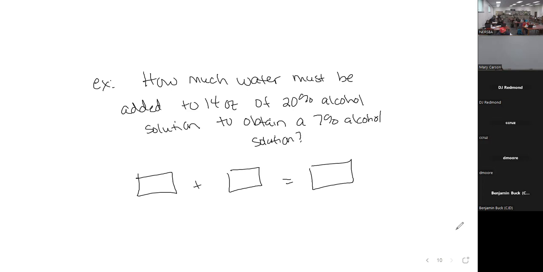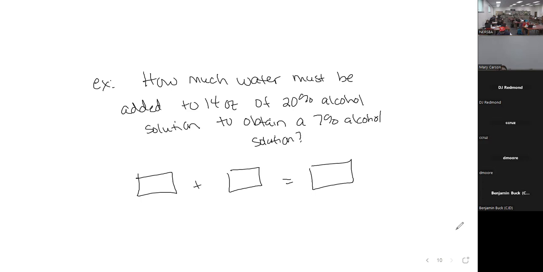All right, so you think about this when you're adding water to an alcohol solution and you don't know how much water must be added, and you're adding it to 14 ounces of a 20% alcohol solution, and you want to obtain a 7% alcohol solution.